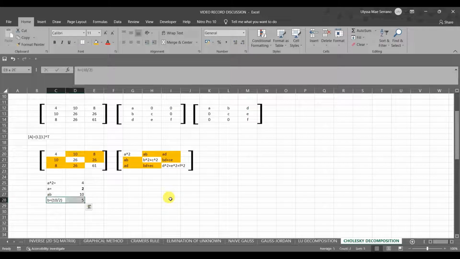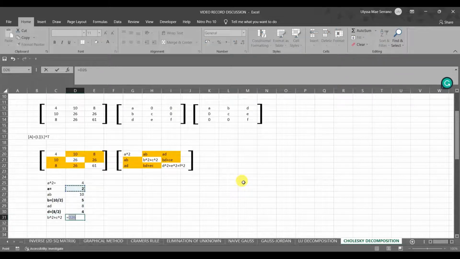And for the value of AD, AD is equal to 8. So D is equal to 8 divided by the value of A, which is 4. So we have the value of D. And B squared plus C squared is equal to 26.